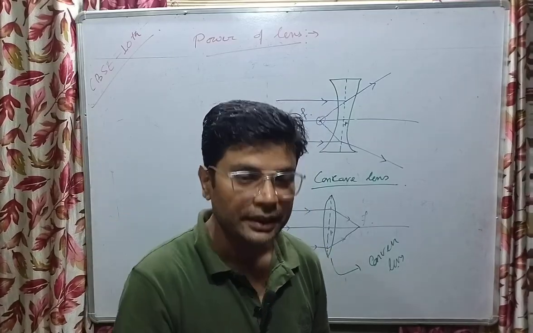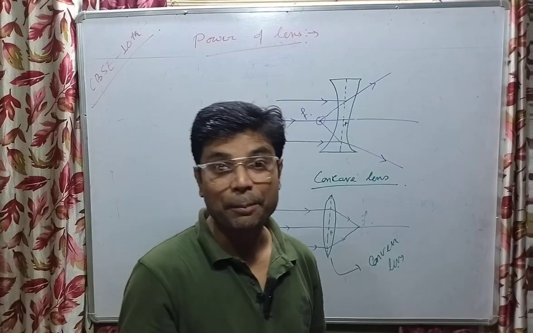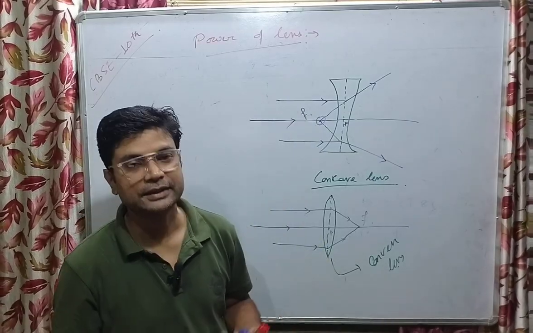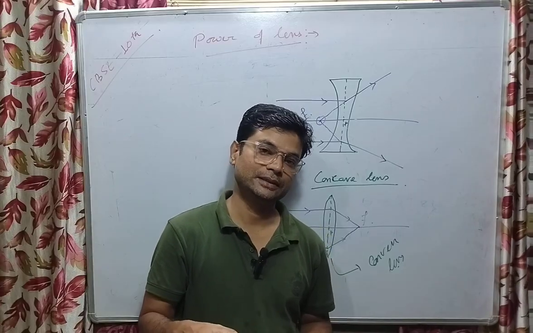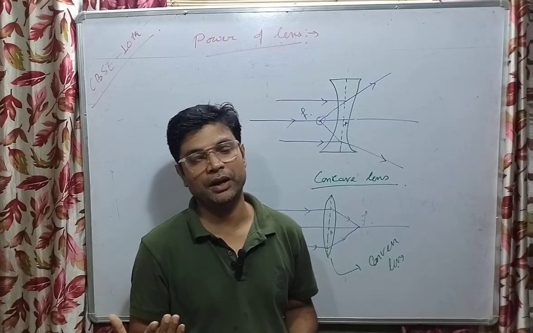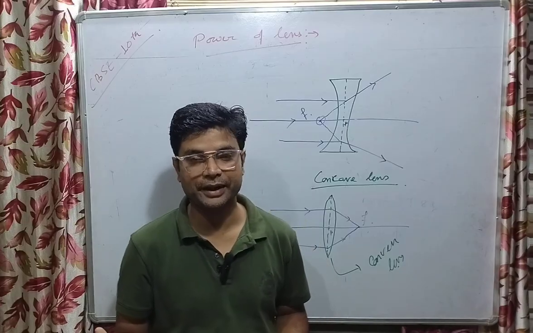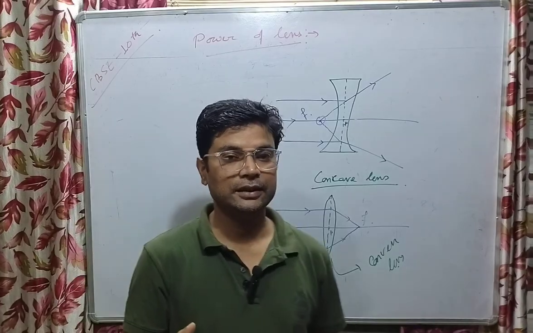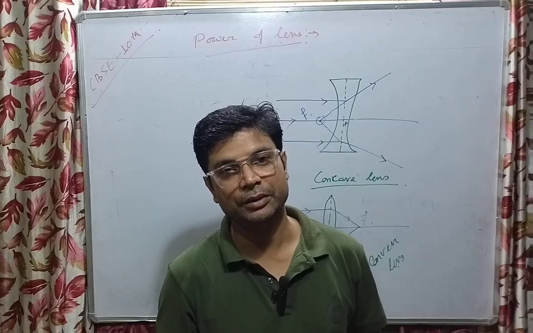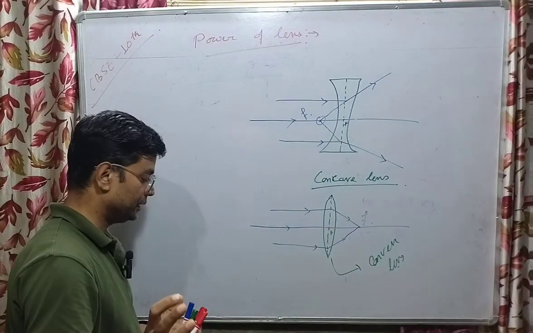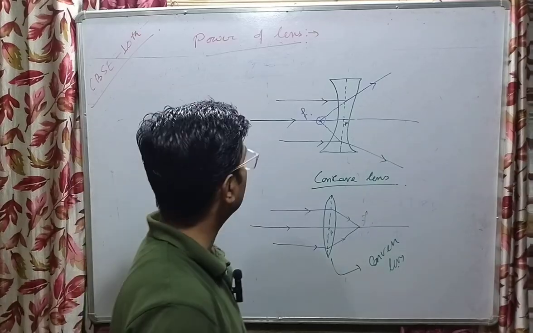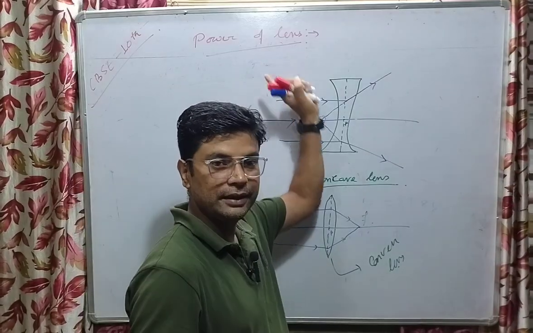Clear? Simply it is the capacity. Power of a lens is the capacity to diverge a parallel beam of light for a concave lens, and to converge a parallel beam of light for a convex lens. Okay, this is all about power of a lens.